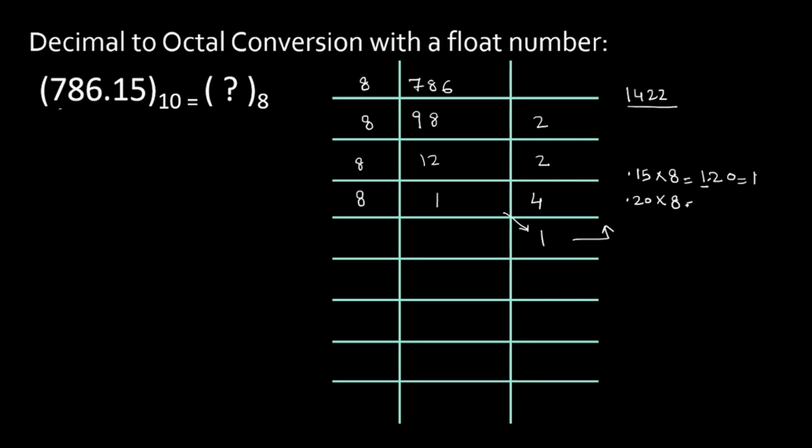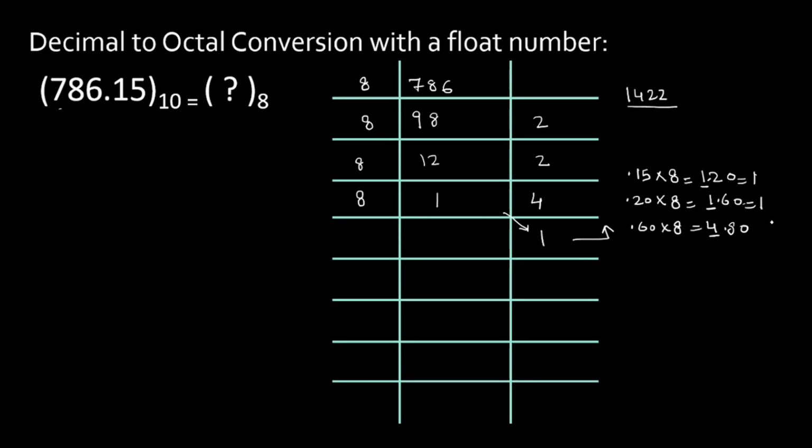And 0.20 will be multiplied by 8 again, so we will get 1.60. We'll take its integer part again and multiply its decimal part, that is 0.60, by 8, which is equal to 4.80.